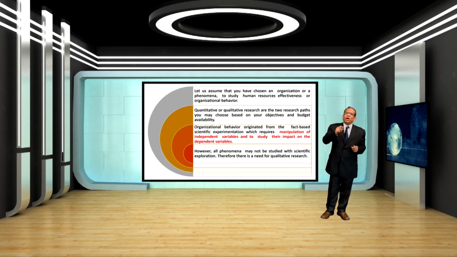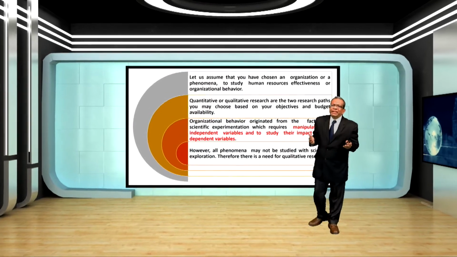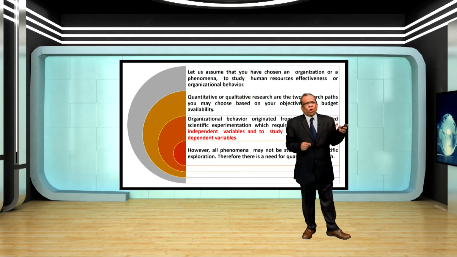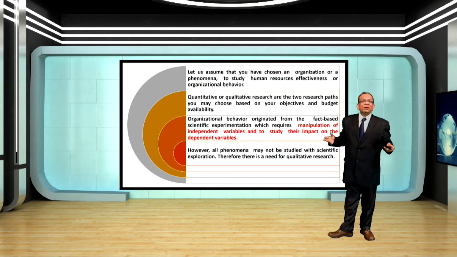Let us assume that you have chosen an organization or a phenomenon to study human resources effectiveness or organizational behavior. Quantitative or qualitative research are the two research paths you may choose based on your objectives and budget availability.